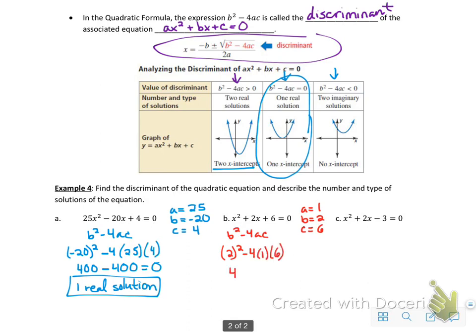Well, 2 squared is 4. And 4 times 1 times 6 is 24, which gives negative 20. All right. Well, my answer is negative. That means that b squared minus 4ac is less than 0. So we're going to have two imaginary solutions.